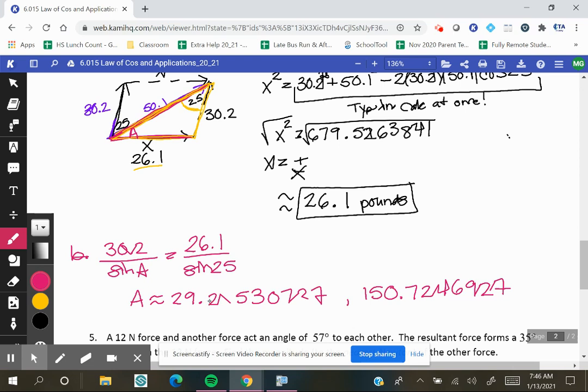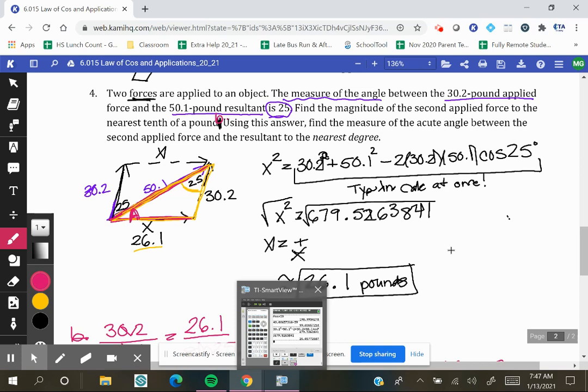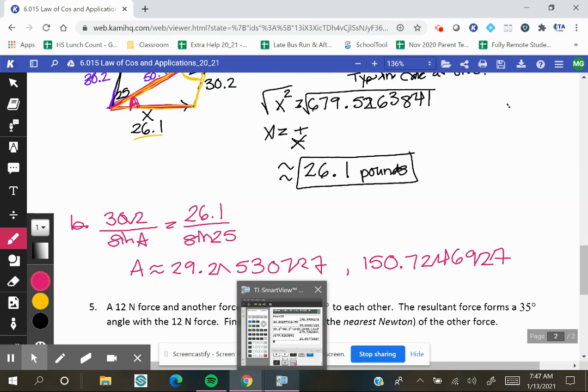So if I put that in for angle A right here, I'd have to add that to 25 degrees.